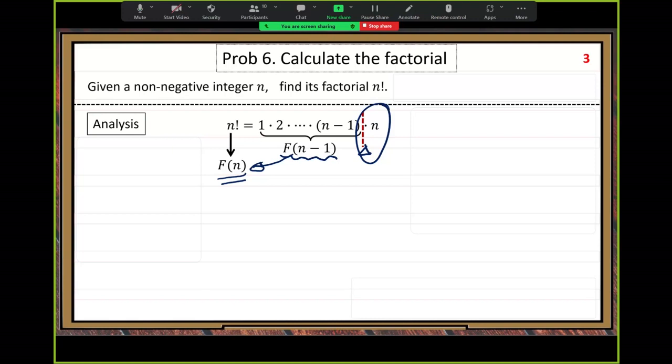Then the recurrence relation: F of n equals f of n minus 1 times n. So we can get a recurrence relation formula.